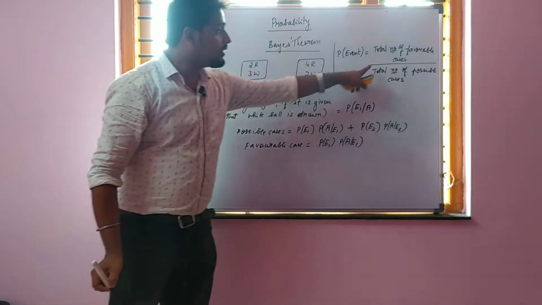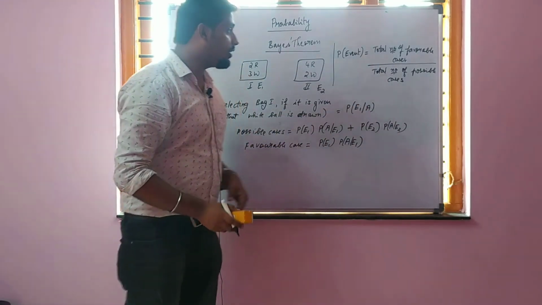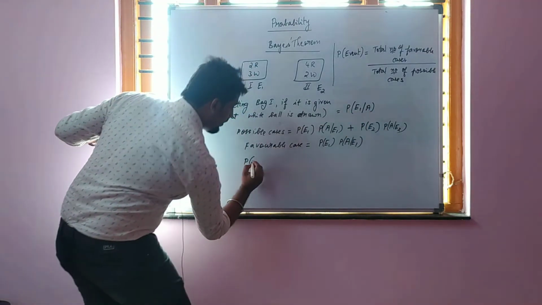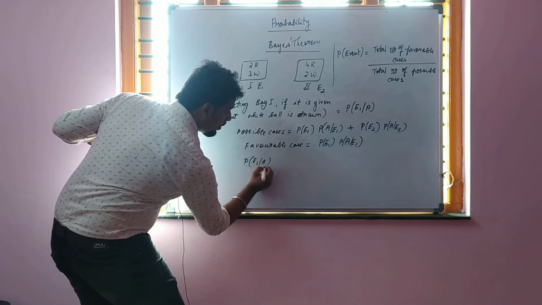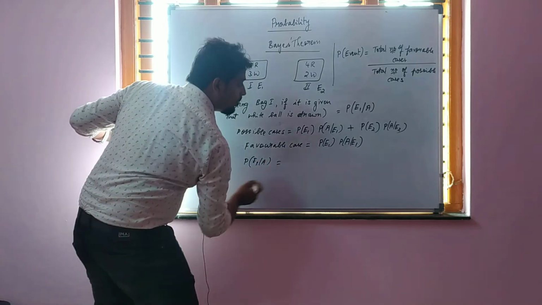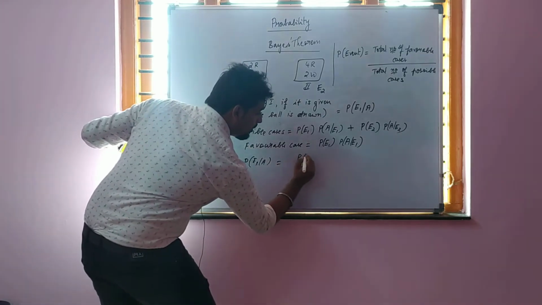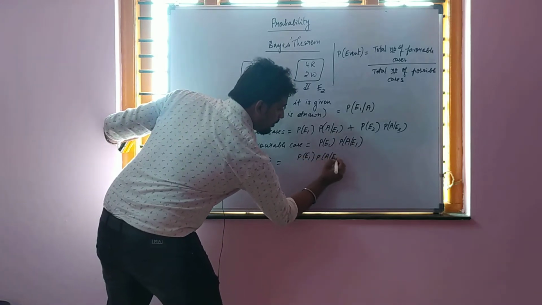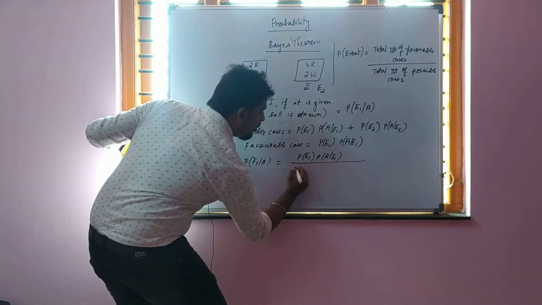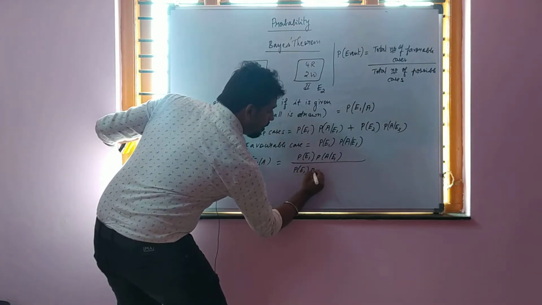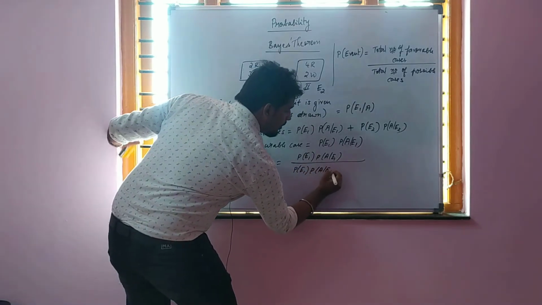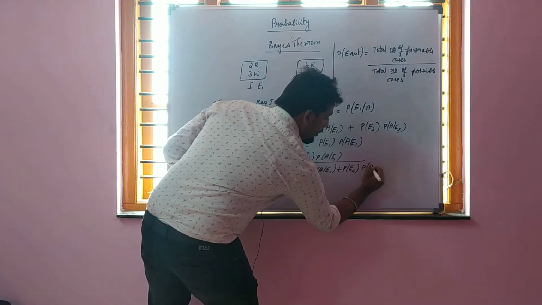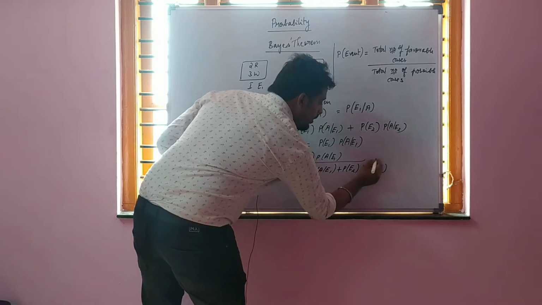Now using this definition, how can I write the probability we are finding, that is E1 given A? It equals the favorable case, P of E1 into P of A given E1, all divided by P of E1 into P of A given E1 plus P of E2 into P of A given E2.